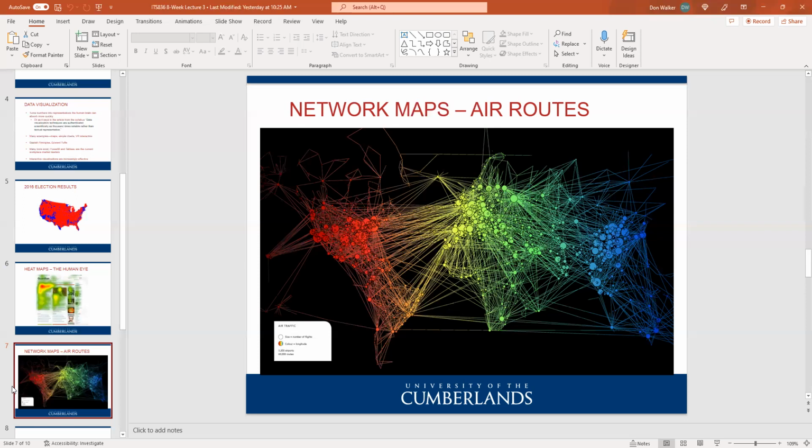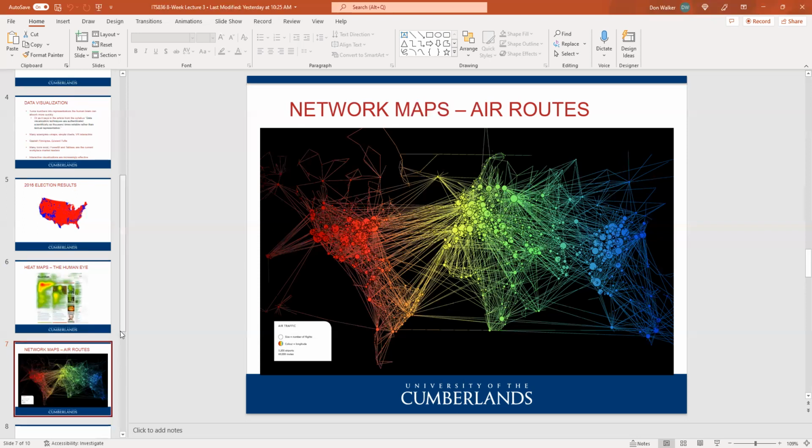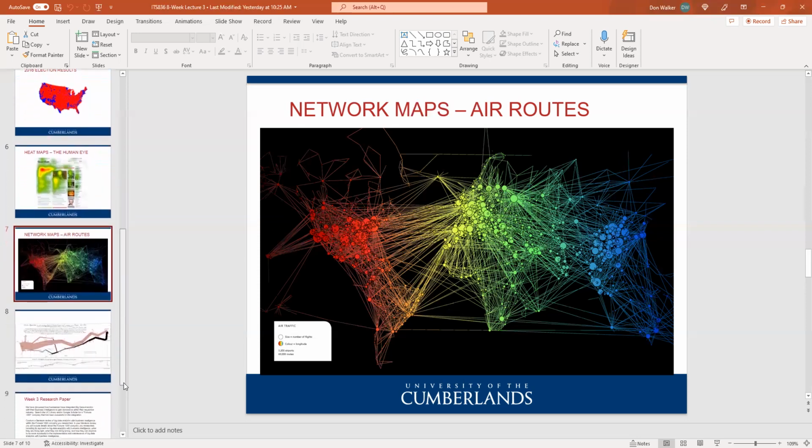It's almost all refueling stops. But because of its location, you can see a pretty big dot up there. So there you go. Network maps, just another interesting visualization.